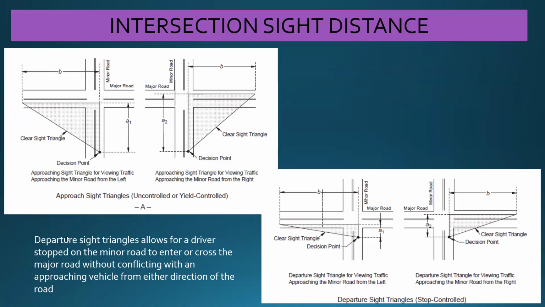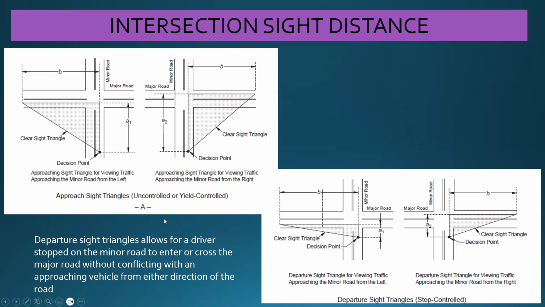So there are actually two situations according to these two figures. That is a major road and a minor road, in which this minor road is uncontrolled or yield controlled. Well, here, it's stop controlled.